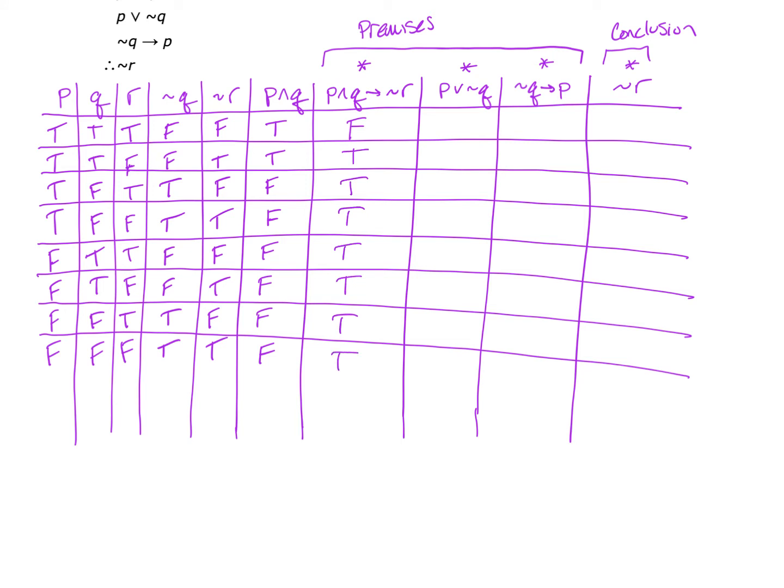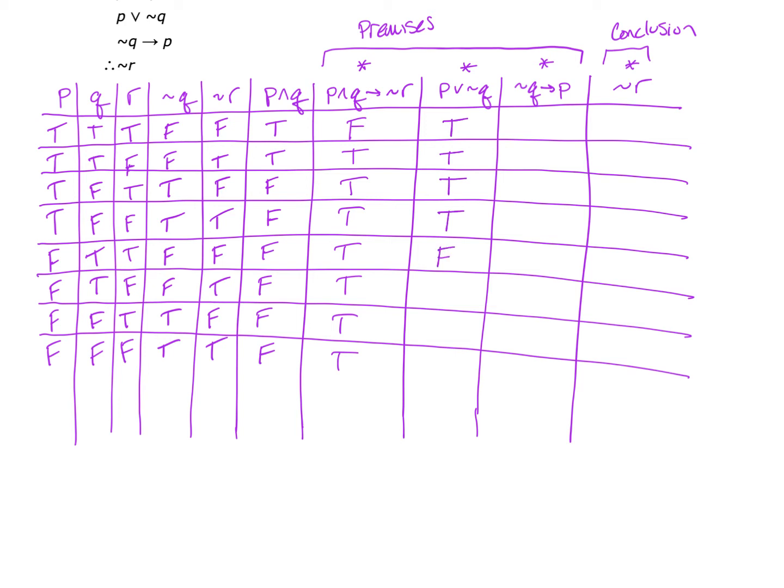Next up is P or not Q. So we're looking at the P column and the not Q column. And because it's an OR, we're looking for at least one true to get a true here. So we have true, false, which is true, true, false, true, true, true, true, false, false.